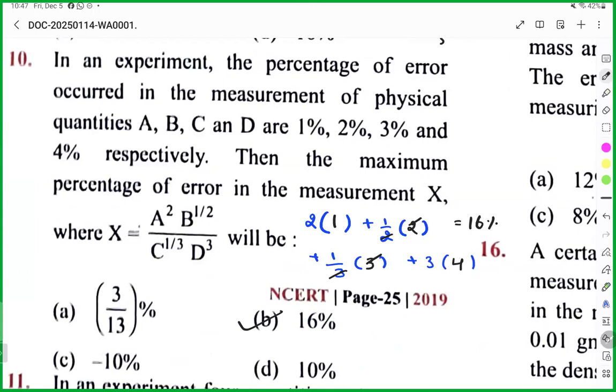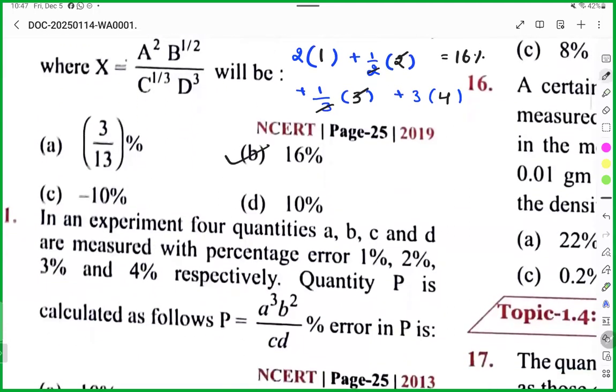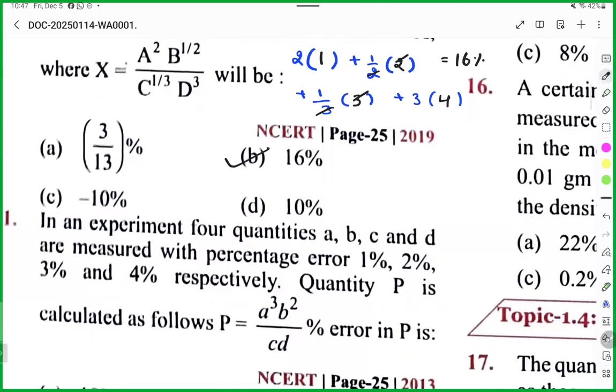Power multiplied and percentage given. Okay, same question. Do it without options, but within 20 seconds. What is the answer? 14%.